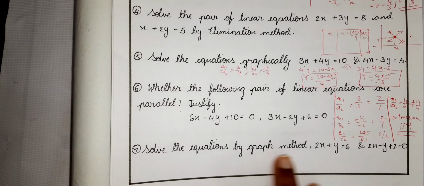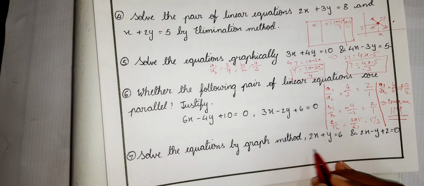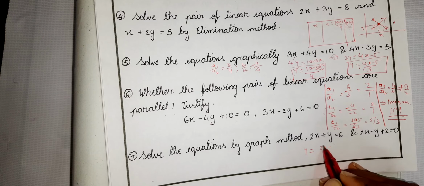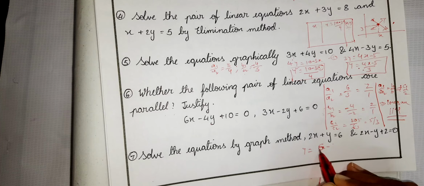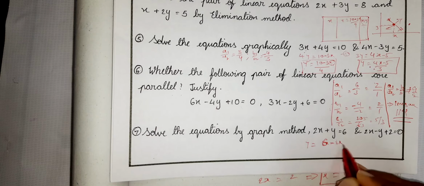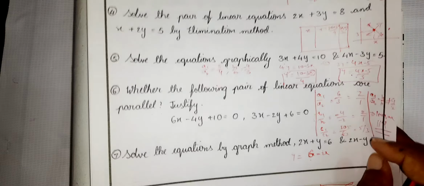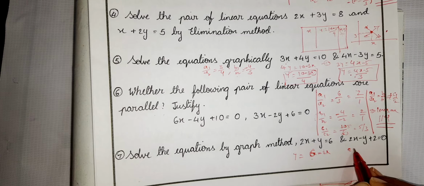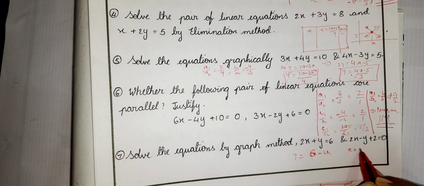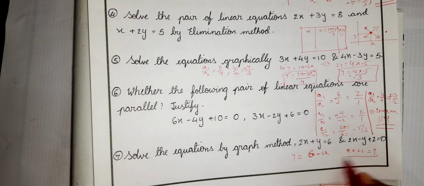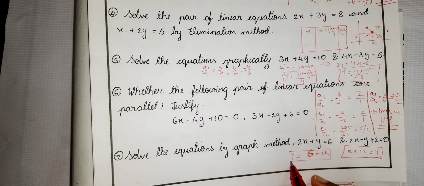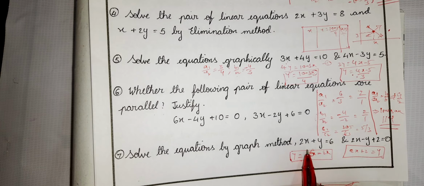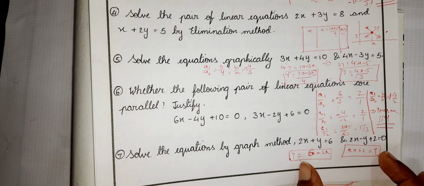Right, here also solve the equation by graph method. You know how to solve it. Now y is equal to 6 minus 2x, and here y is equal to 2x plus 2. So you are taking y on one side and non-y terms onto the other side, then you are getting two equations.